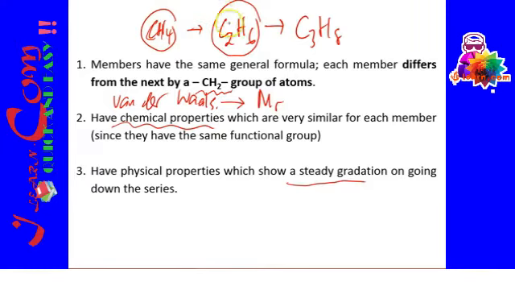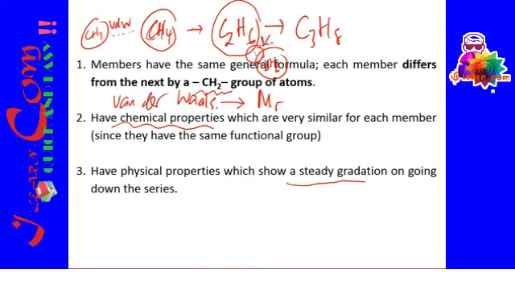So as my Mr increases, as I add one carbon, and it comes together with H2, so as I add one CH2, the Mr increases, and as a result, the strength of the van der Waals forces between the methane molecules increases. So this is the van der Waals force between methane, and this is the van der Waals force between ethane. So the strength of this van der Waals force increases.